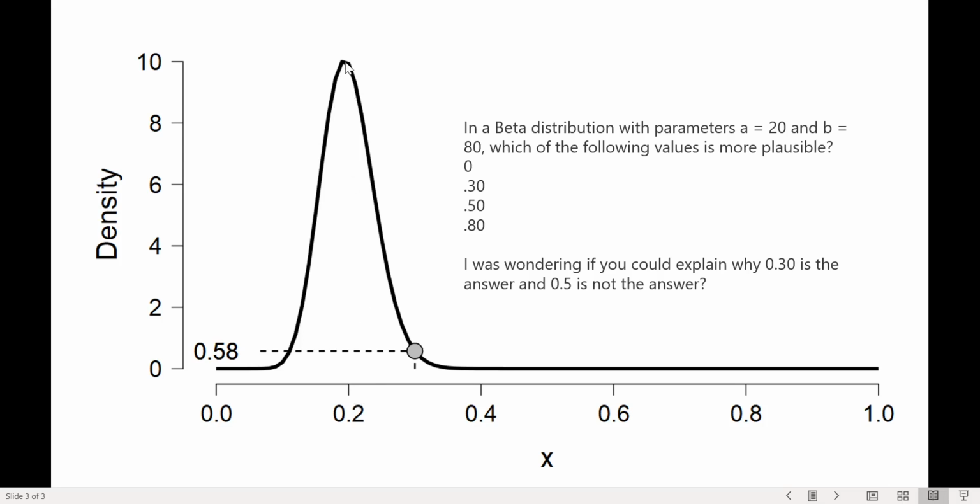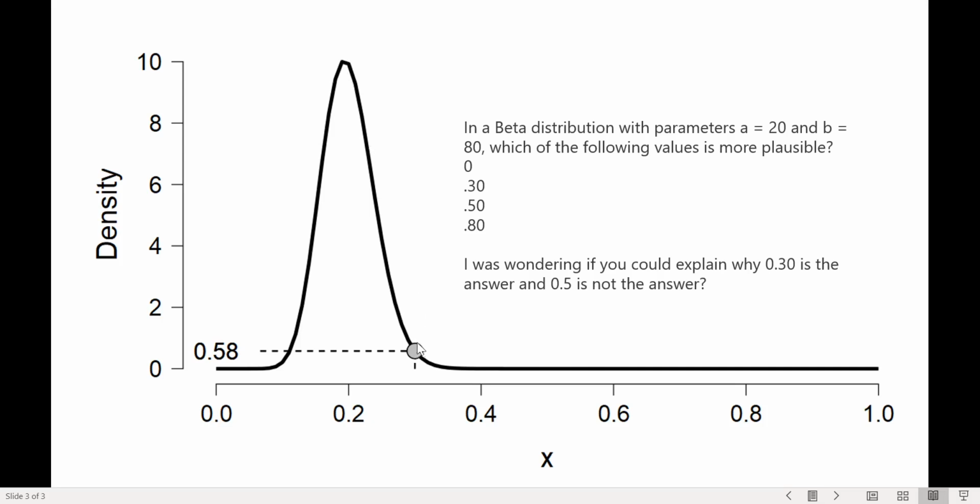But this is a distribution, so values close to 0.2 are also somehow plausible. Now, 0.3 is here. It has a much lower plausibility than 0.2, of course.